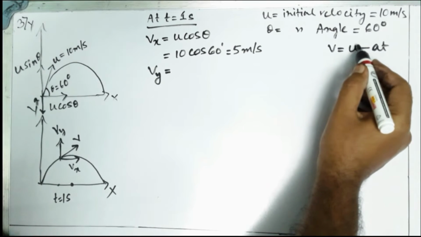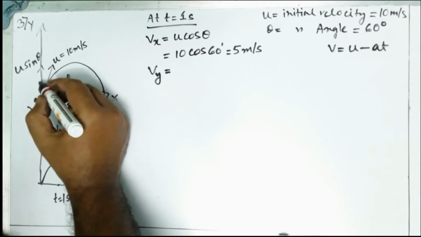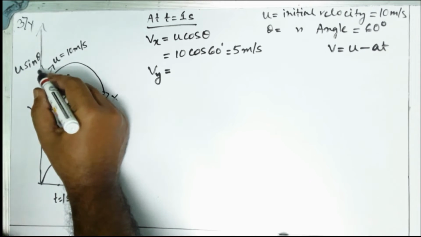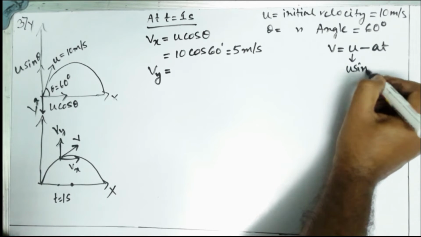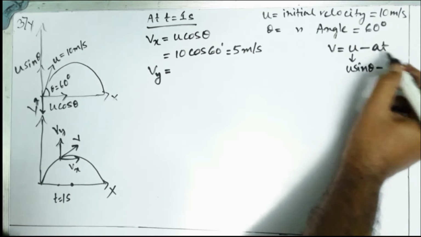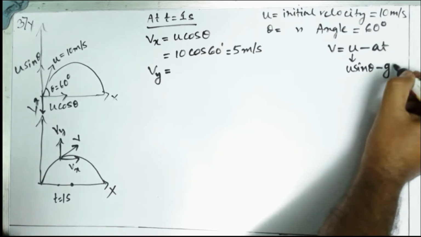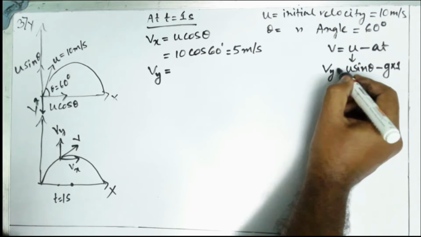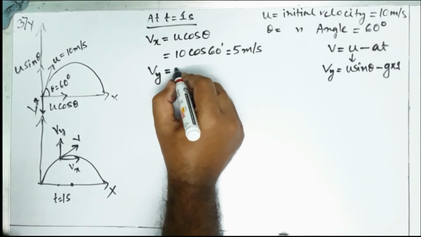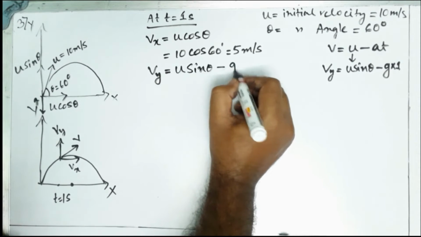Along vertical direction the initial velocity is u sin theta, so u will be replaced by u sin theta. The acceleration is g, time is 1 second, and v will be replaced as Vy. So Vy is u sin theta minus g.